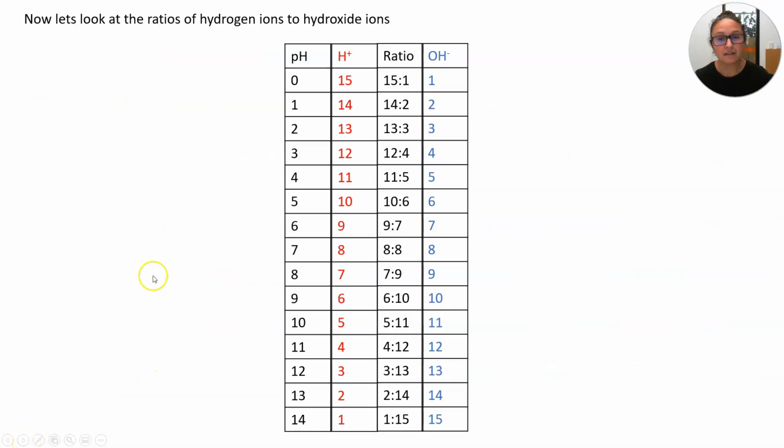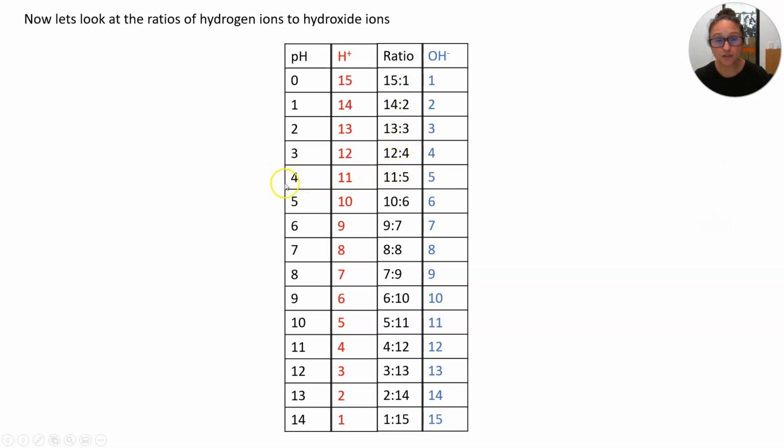Okay. Now let's have a look at the ratio of hydrogen ions to hydroxide ions. At a pH of 0, we have more hydrogen ions than we do hydroxide, 15 to 1. And can you see the ratio, the pattern?